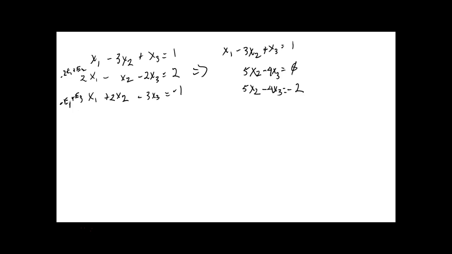All right. Now, don't get so focused on a single tree that you miss seeing the forest. Let's take a look here. This looks like something we did before. On the left-hand side of these two equations, you have 5x2 minus 4x3.